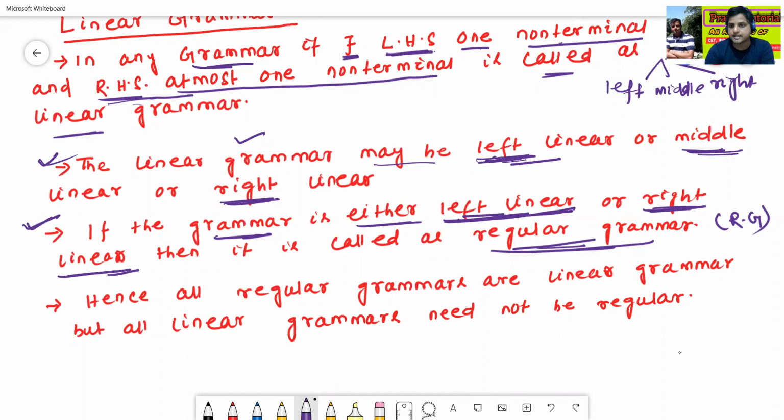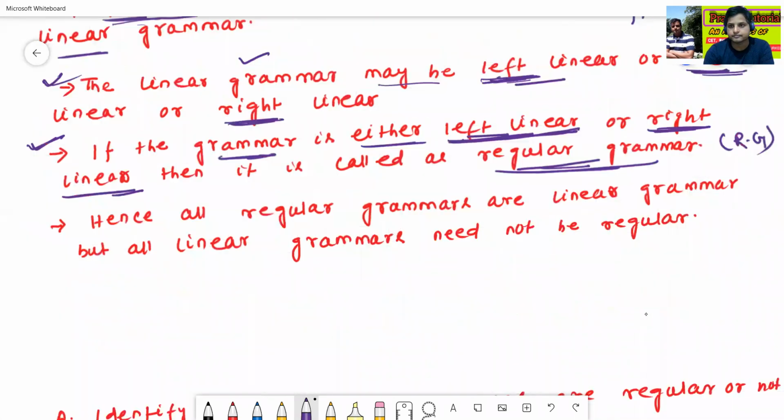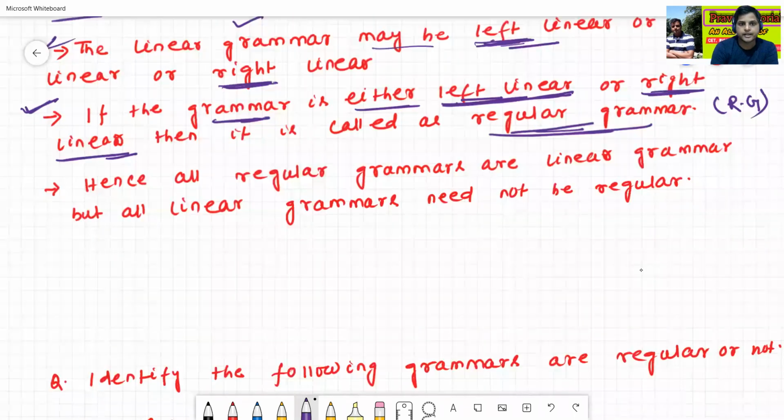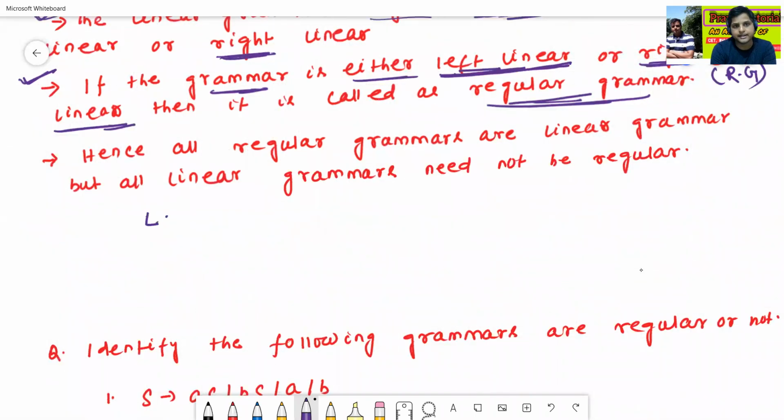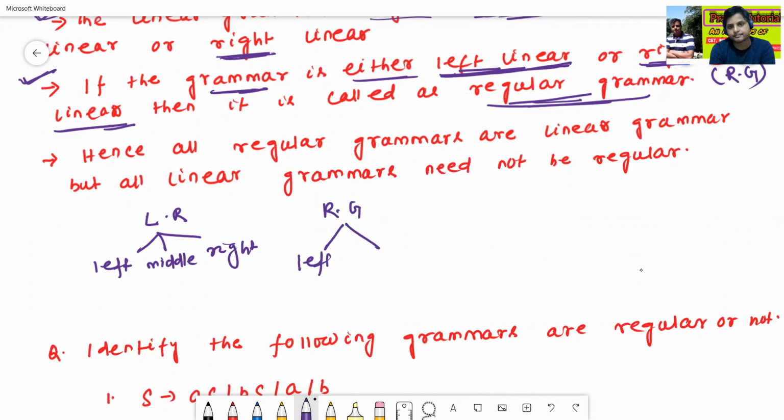That means every linear grammar is of three types, left, middle, then right, but every regular grammar is of either left or right linear.